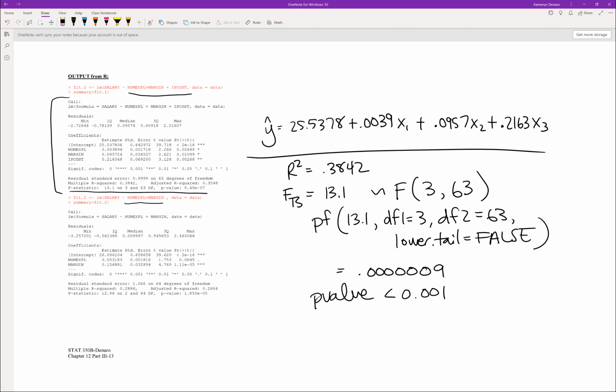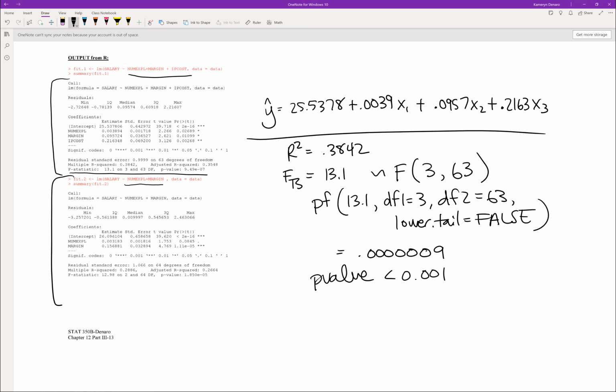Okay, you could do the same thing for fit 2, right? In this case, y hat is equal to 26.096104 plus 0.0032 x1 plus 0.1569 x2, right? There's only 2 variables in the model, number of employees and profit margin.